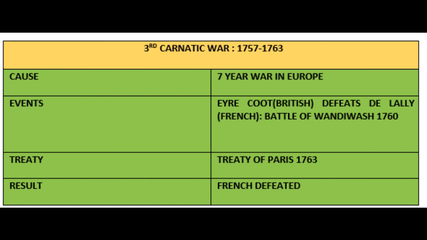With this, the fate of the French was sealed, and they never regained any foothold in India. Treaty of Paris was signed in 1763. This established the dominion of British over the other European powers in India. Now the task of subjugating the Indian subcontinent can begin.